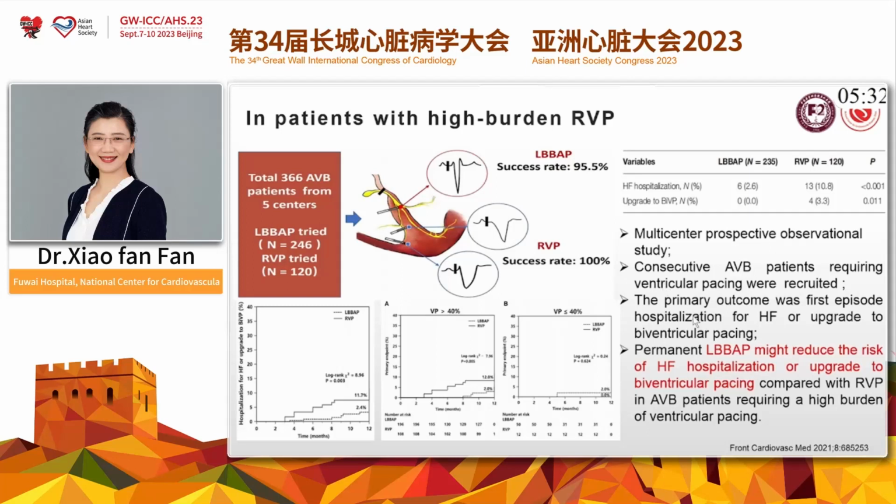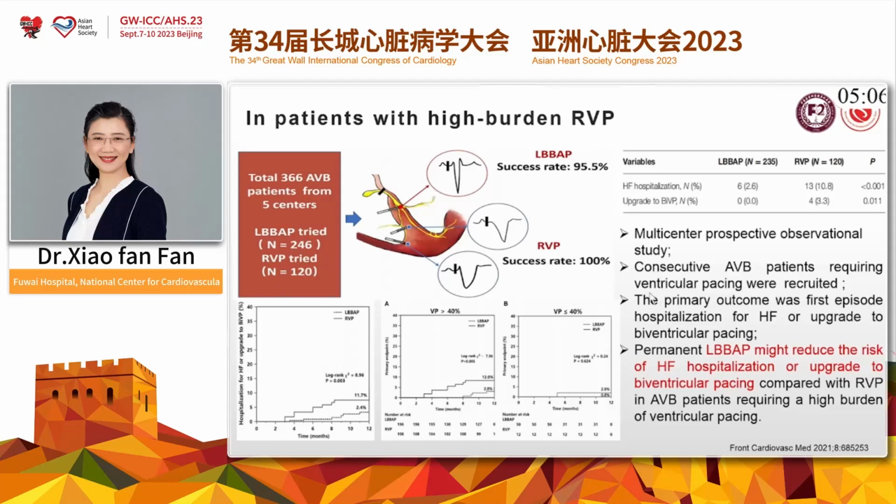This study is from our team, and we also compared patients with AV block. We performed this prospective observational study in 5 centers, and we compared the patients with LBBAP and RVP.